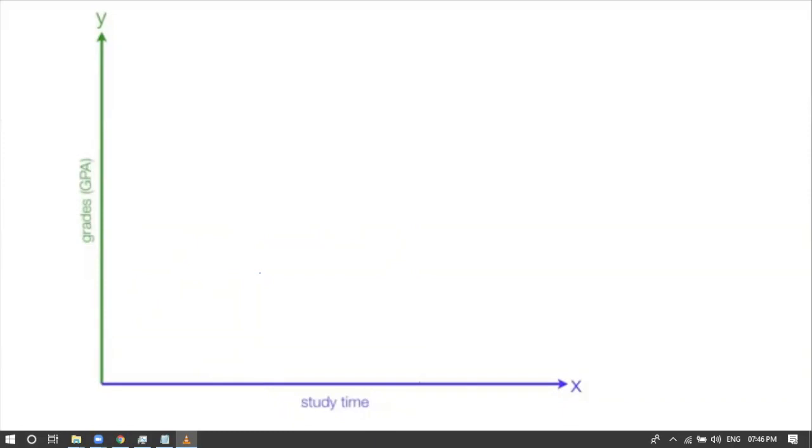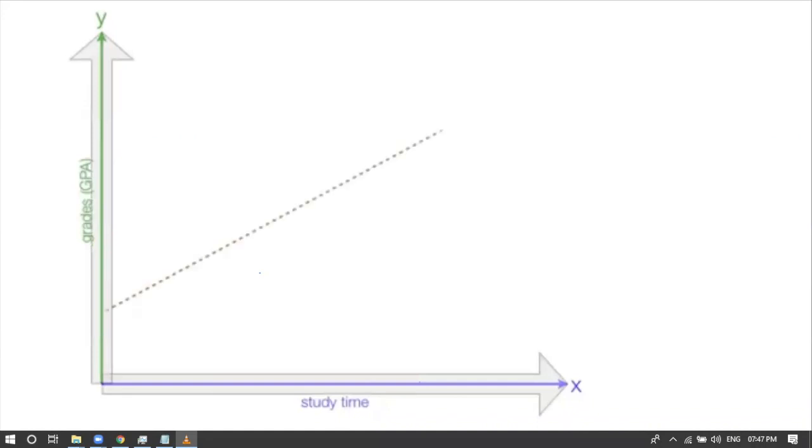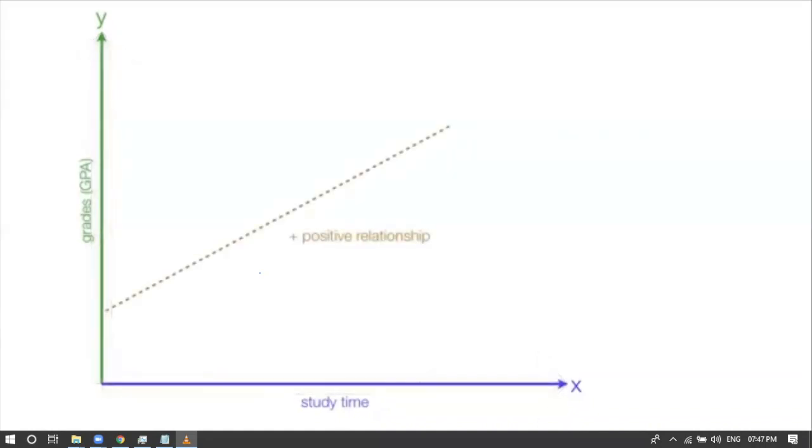But let's see an example. Just imagine the variables are study time and grades. Hypothetically, consider that the more the study time, the more the grades. If that's the case, then you'll have a positive slope line, or a positive relationship between x and y.